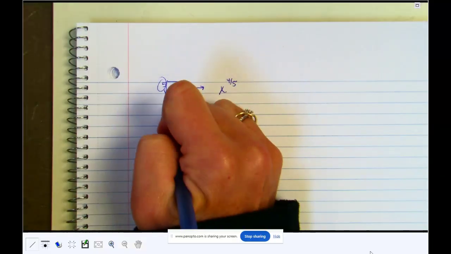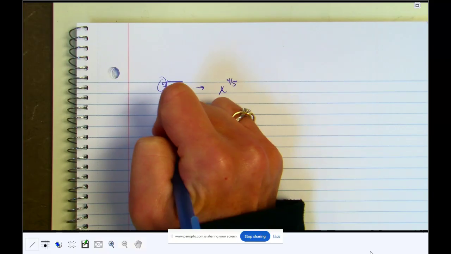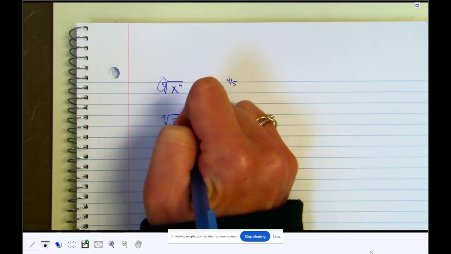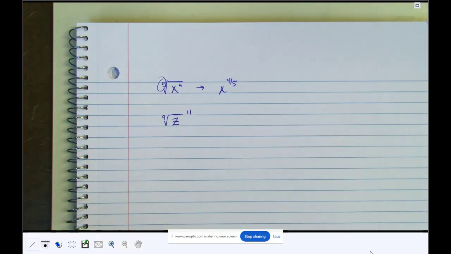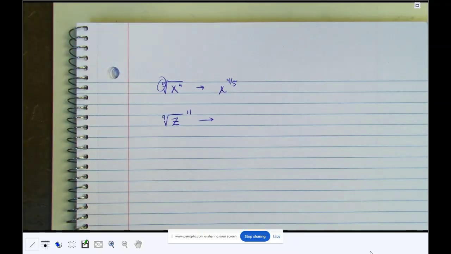So then, let's do the 9th root of z to the 11th. Please rewrite him with a fractional exponent.